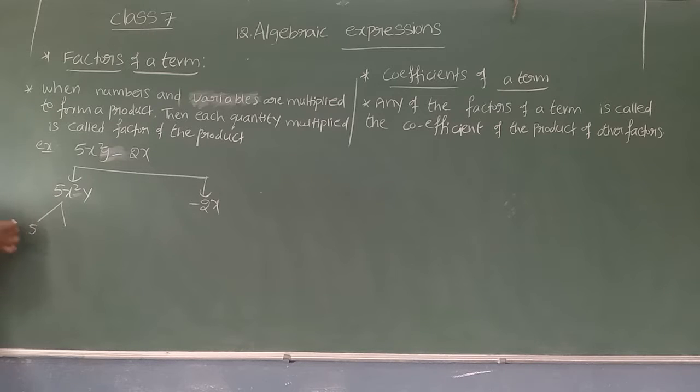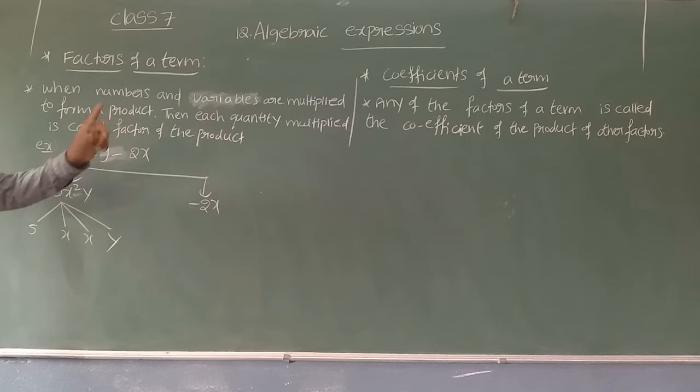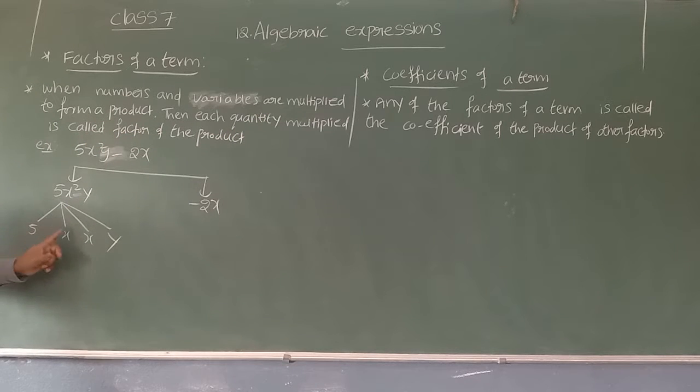If it is a constant, write it as it is. x power 2 means x into x, and this is y. 5 is a factor of this product, x is a factor, and y also is a factor. Each quantity we multiplied is called a factor of this product. By multiplying 5 into x into y, we got a term.